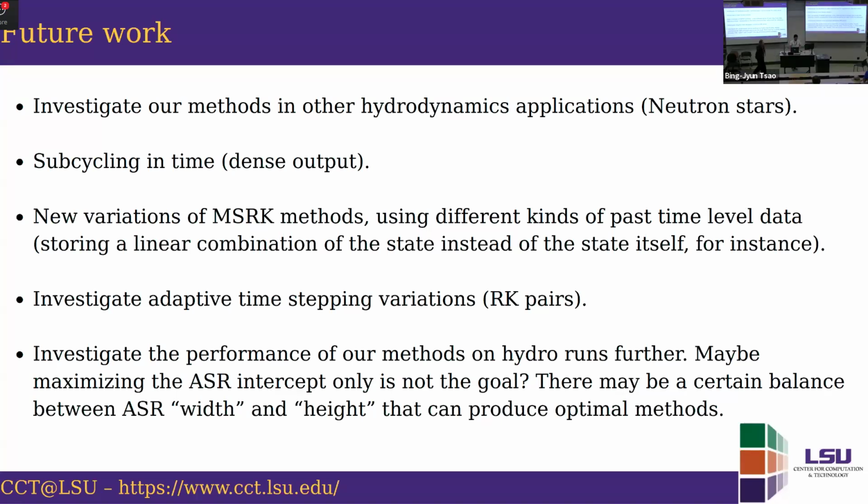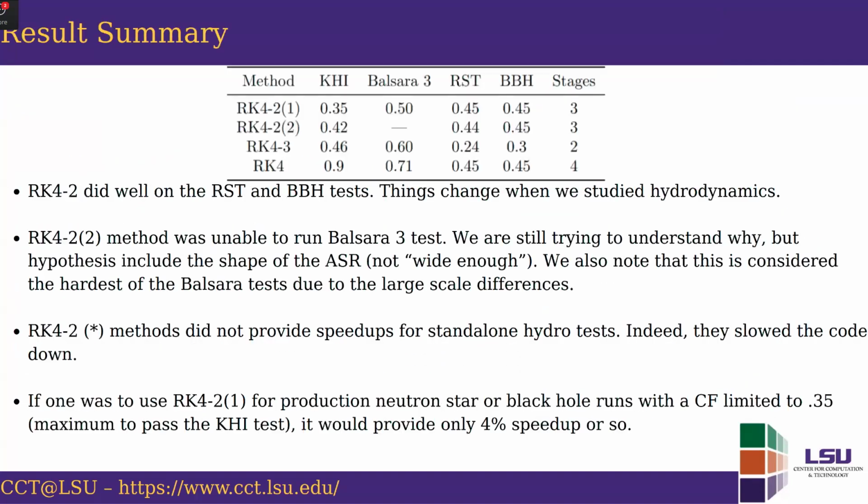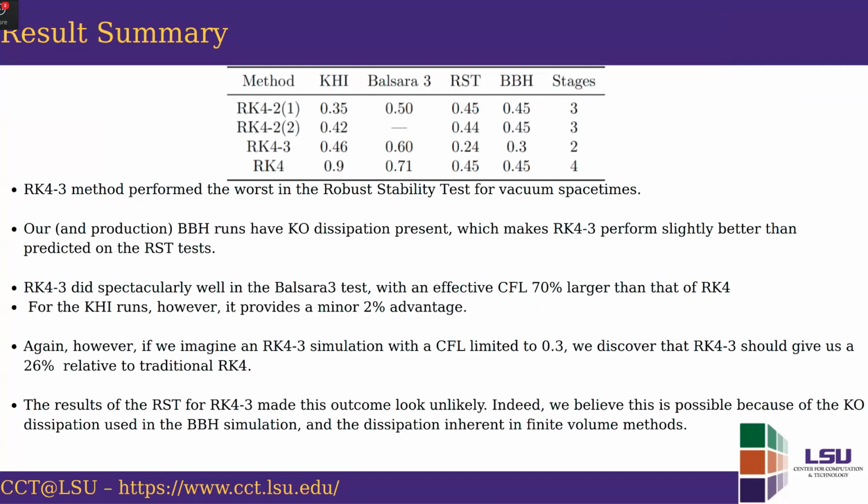Yes. Okay, cool. Probably the question is a bit similar to the one that was just asked, but when we saw your table of the tests, we could see that RK4, the standard one, is close enough to the other methods that you tested.